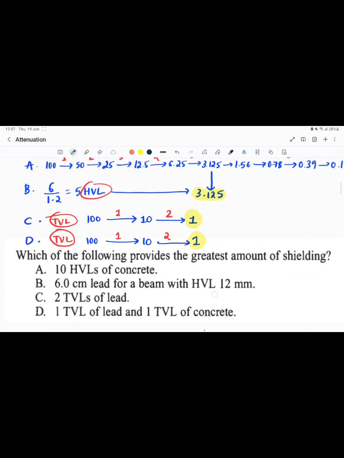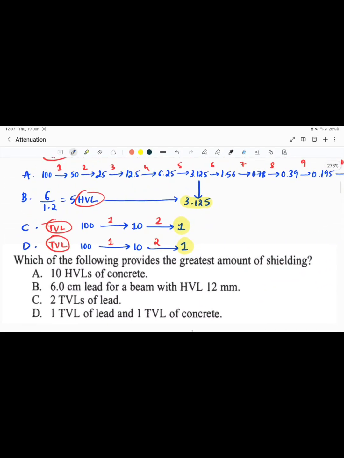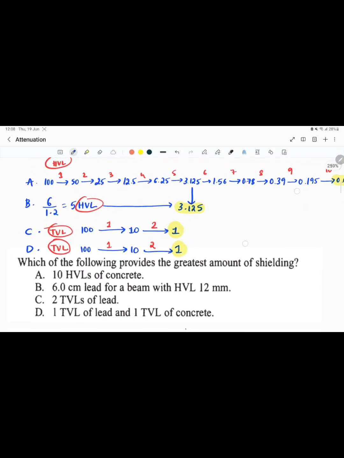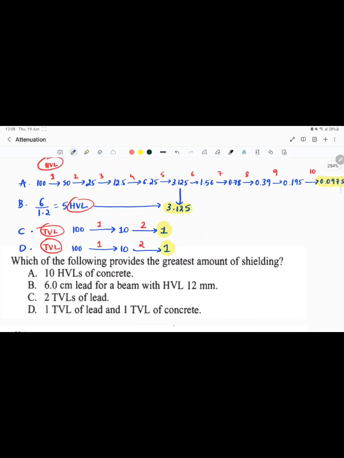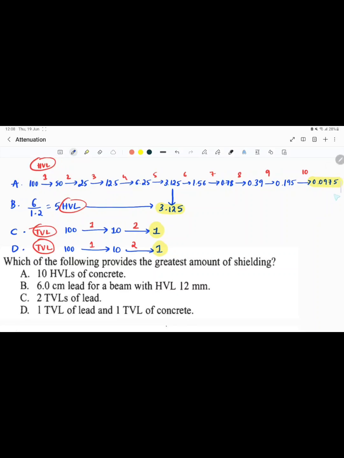So if we break this question down, for the first option, if there is 100% of the beam, after it passes 10 HVLs, the intensity of the beam is 0.0975 percent.